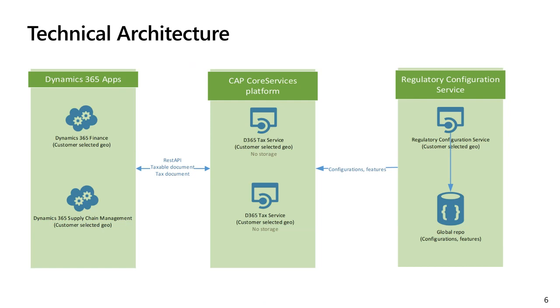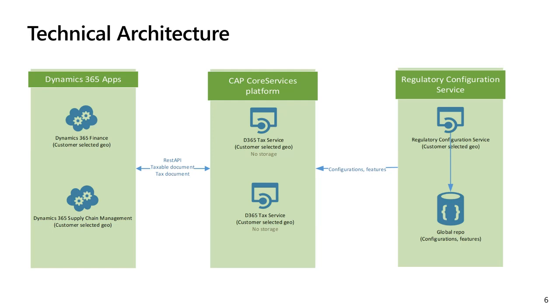And the second component is our tax service. Our tax service is built upon the CAP core service platform. And the third one is Dynamics 365 apps. These are the existing ones, and we built integration to connect our Dynamics 365 apps with our tax service.